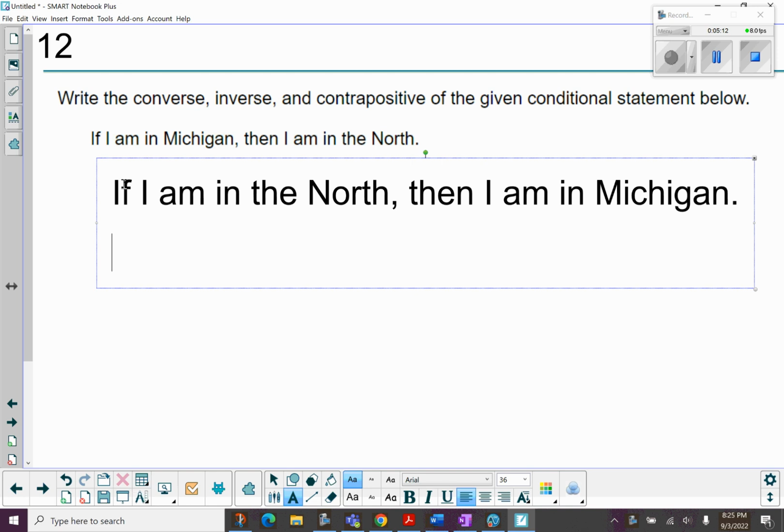For the converse, we take the two ideas and we reverse their order. For the inverse, we leave the order the same and negate both of them.